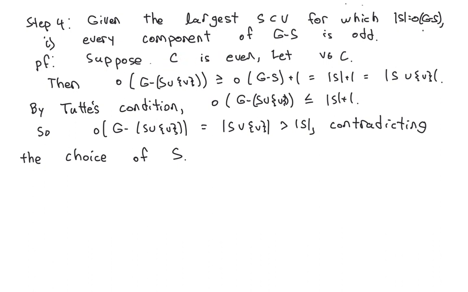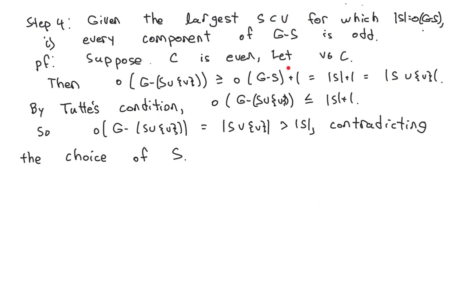Suppose C is even. Just take an arbitrary vertex V in C, and then count the number of odd components you get when you remove V from G minus S. We see then that this number is at least 1 more than the number of odd components we had before, because at the very least we've added 1 more odd component.